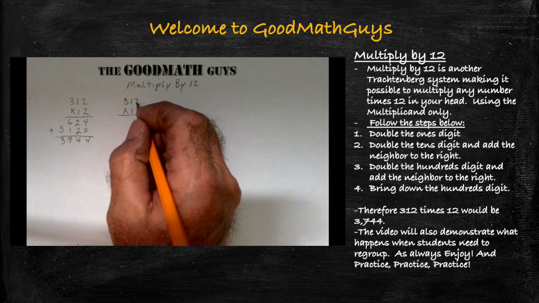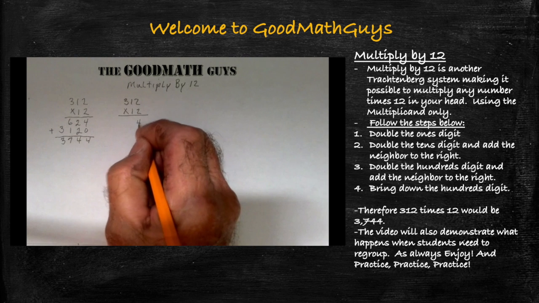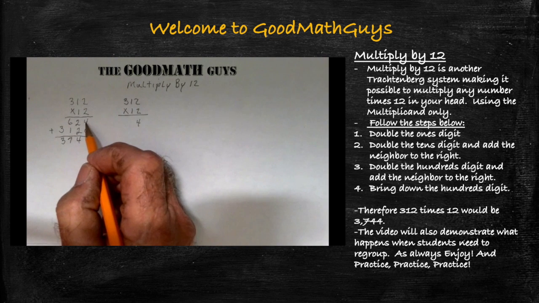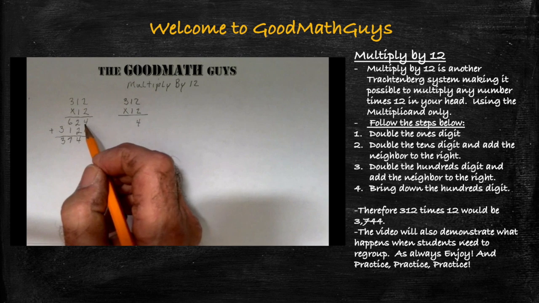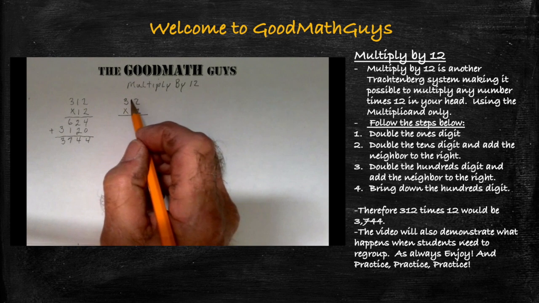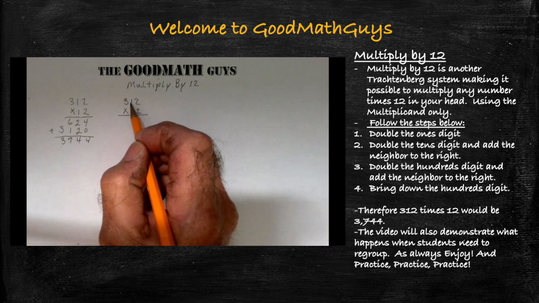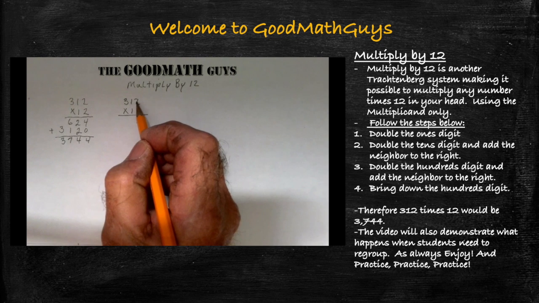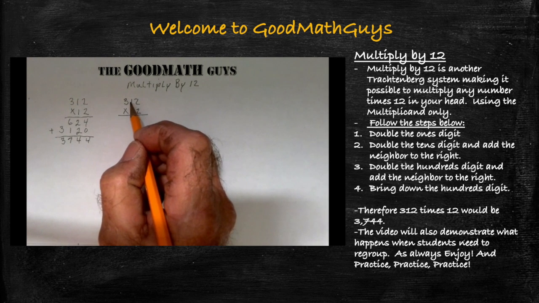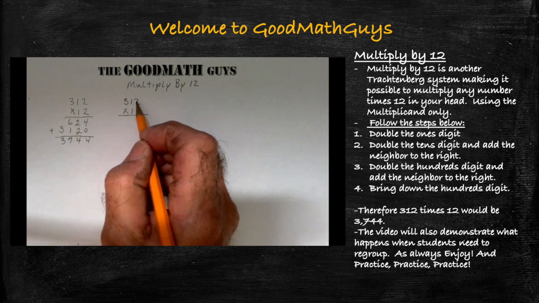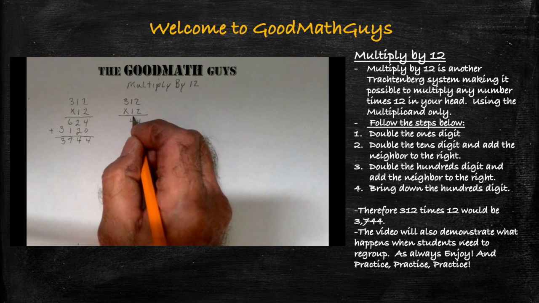So 2 doubles to 4. That's that 4 that you're seeing right there. Next step would be to double tens, so we're going to double this 1 to 2 and add the neighbor to the right. So double 1 equals 2 plus 2 equals 4.